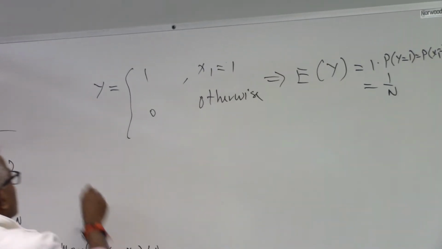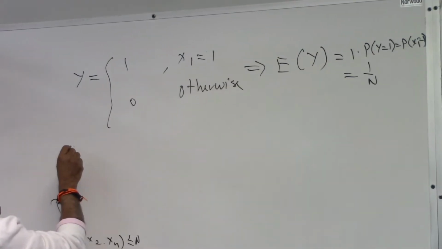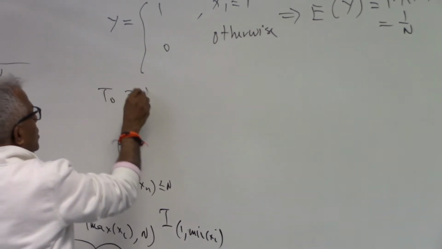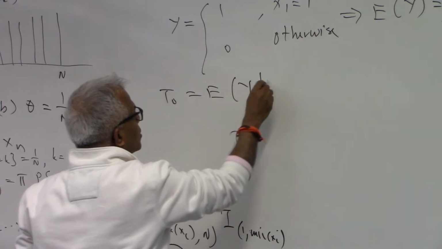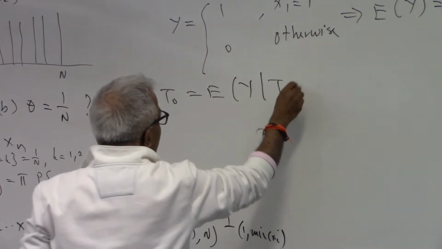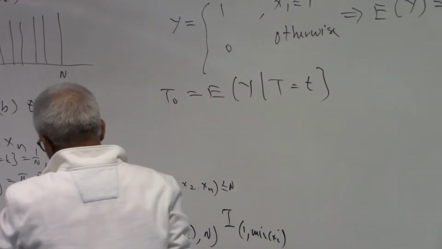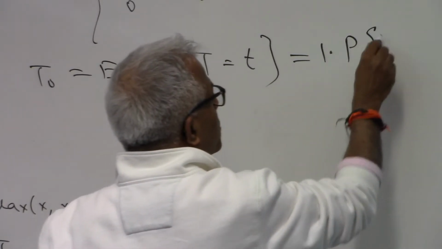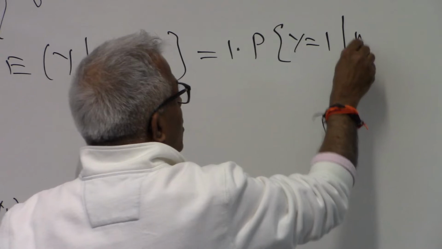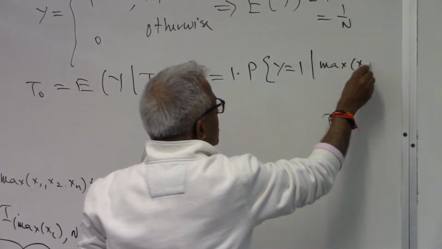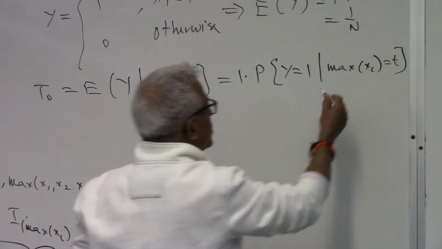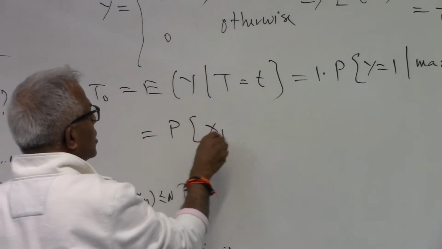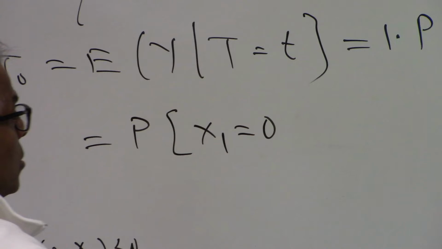So now the best estimator is going to be, I'll write it as T naught, the expected value of y given t. Y only takes one value, so this is 1 multiplied by the probability of y equal to 1 given max of xi equal to t. This we need to compute. Y equal to 1 is the same as x1 equal to 1.